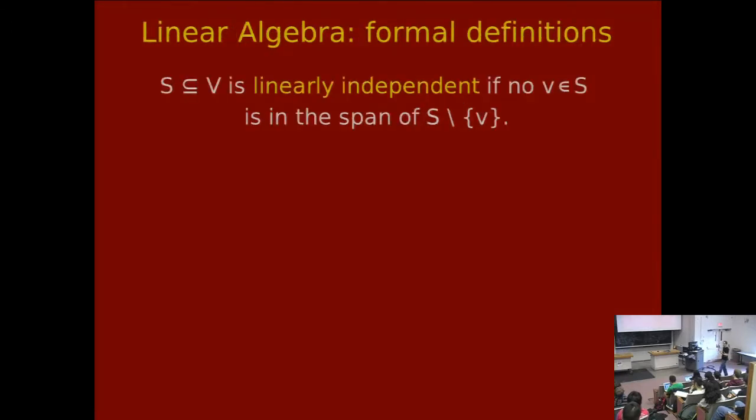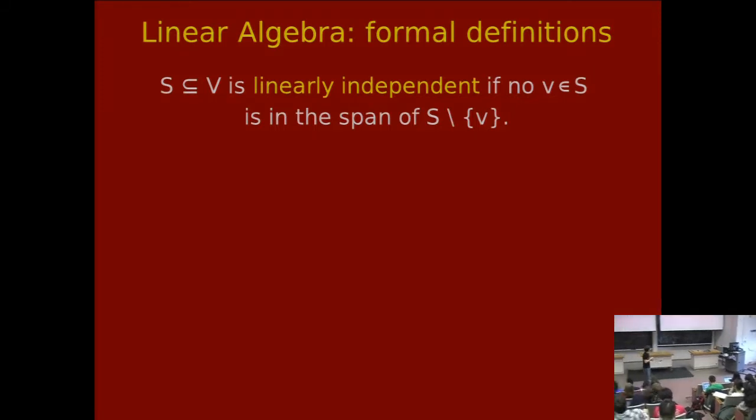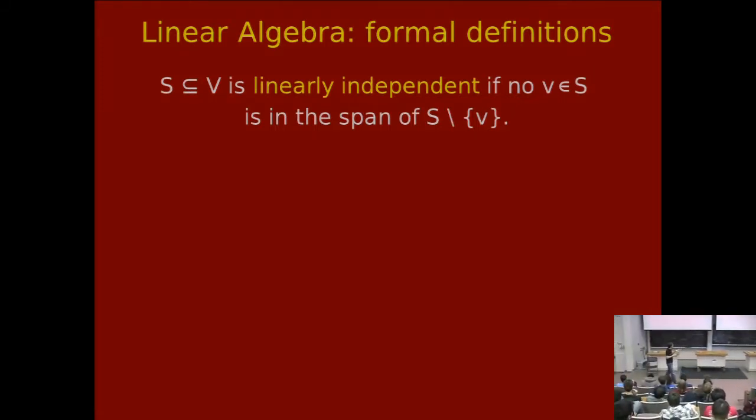That leads us to the formal definition of linearly independent. If you have a set of vectors S, spanning some subspace, we say they're linearly independent if no one of those vectors is in the span of the rest of them. Because if a vector is in the span of the rest, it's redundant for the purposes of taking linear combinations.